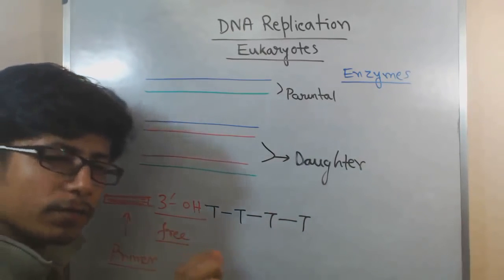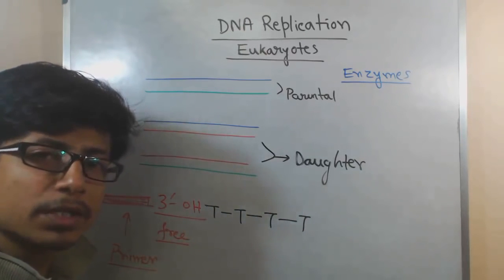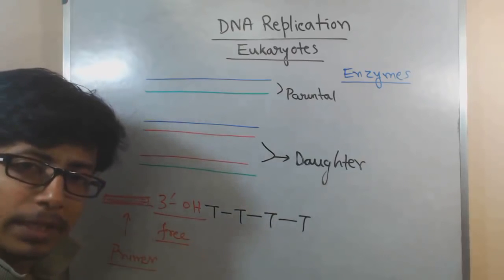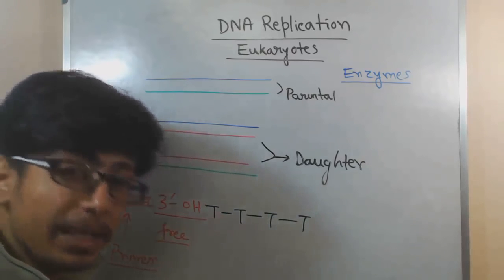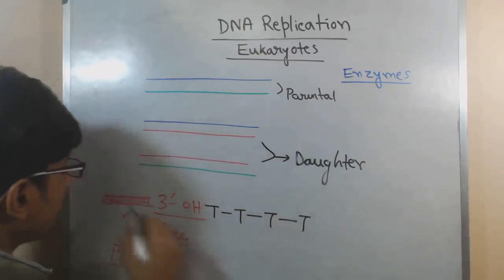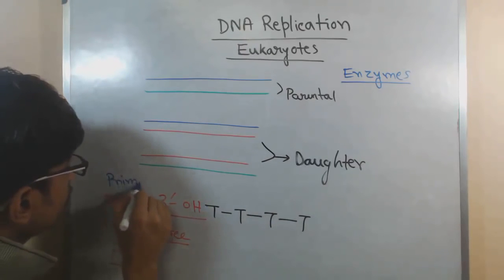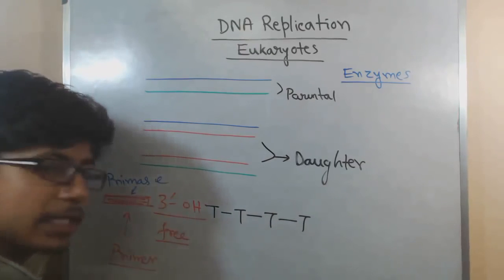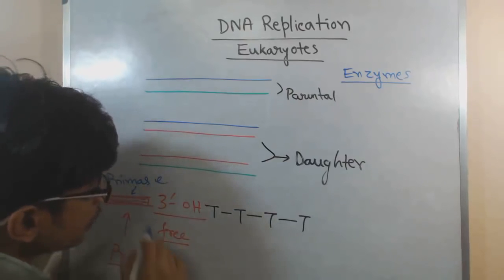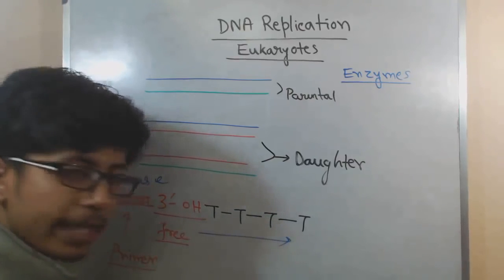The stretch of 20 to 25 nucleotide sequences made by RNA polymerase is made by an enzyme called primase. Primase adds these nucleotide sequences at the beginning so that the DNA polymerase can elongate that.